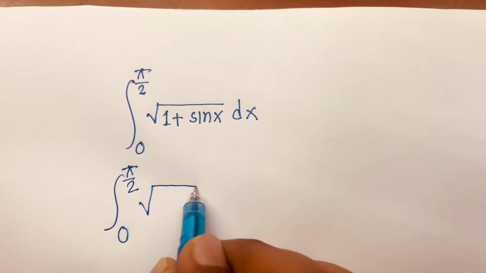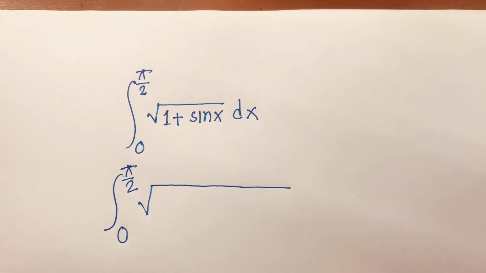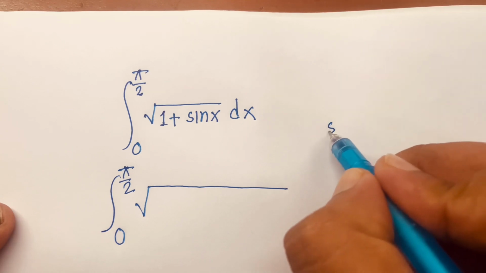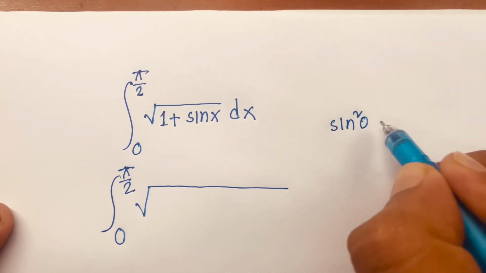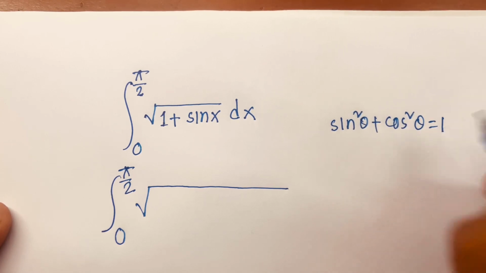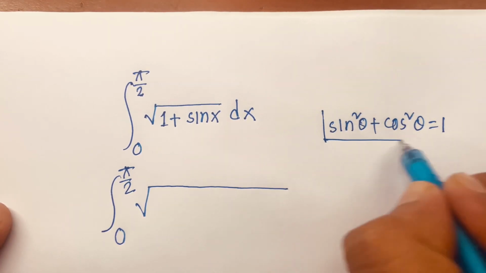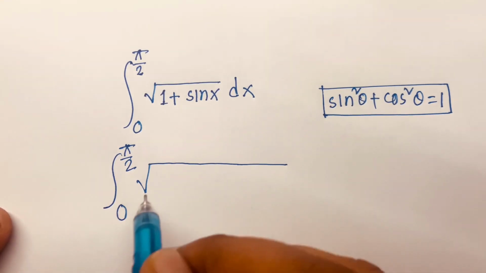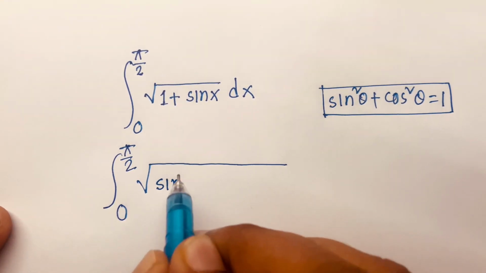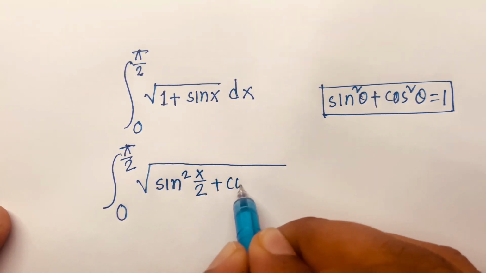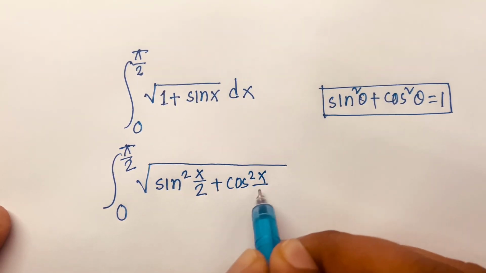We know the trigonometric rule sin squared theta plus cos squared theta is equal to 1. If I follow this rule, I can say 1 is equal to sin squared x by 2 plus cos squared x by 2.